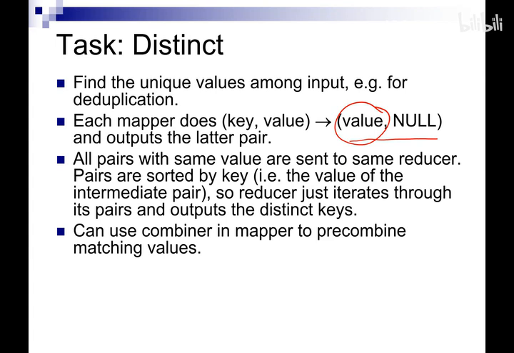So if it saw like 3 copies of 5, it'll just keep a single 5, and then it'll output that single 5 into the shuffle stage, and then only a single 5 will get sent to the reducers from this mapper.